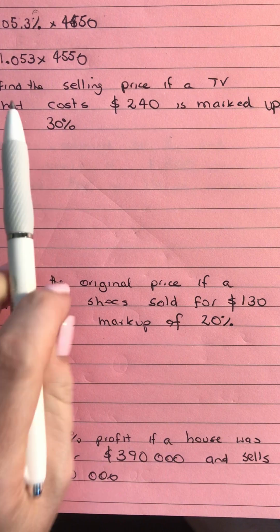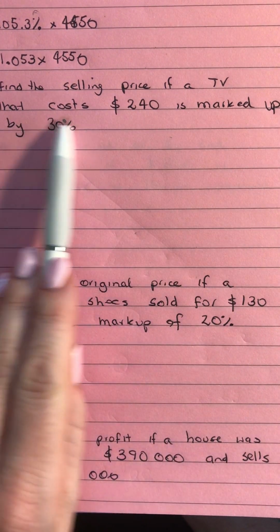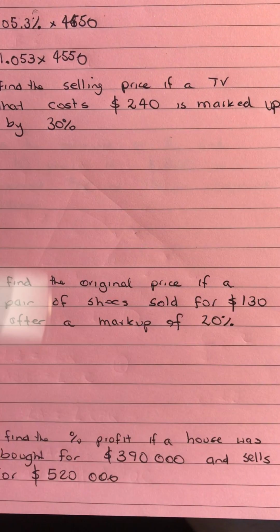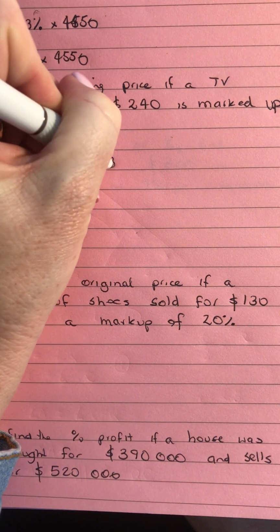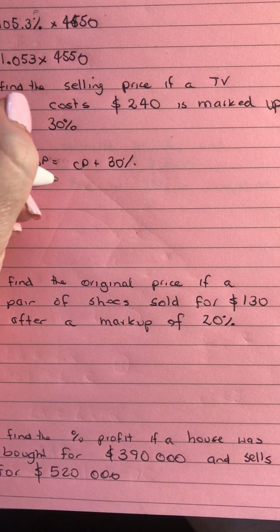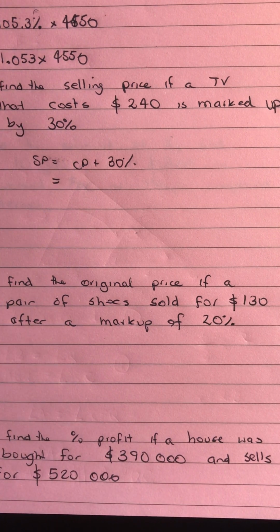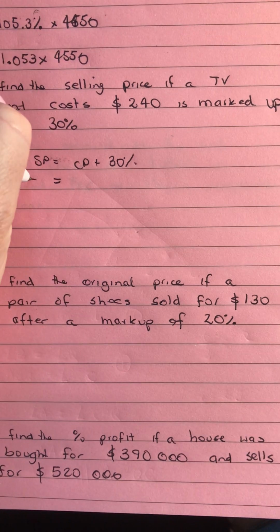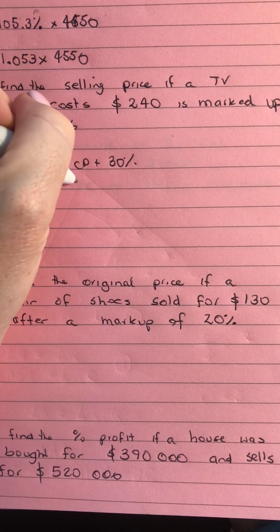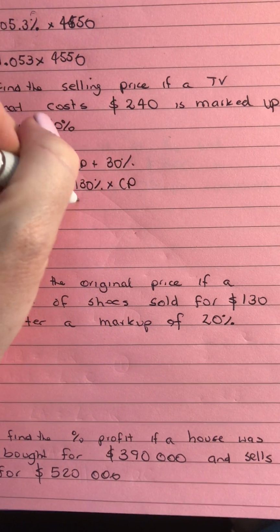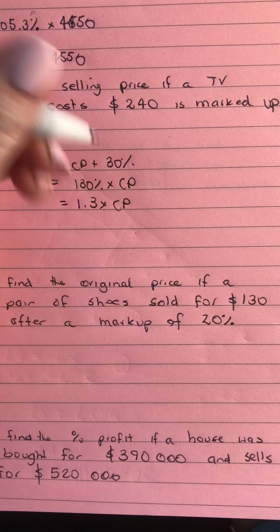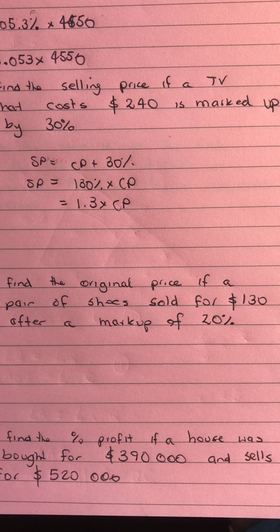Then we've got find the selling price if a TV that costs $240 is marked up by 30%. So our selling price is going to be our cost price plus 30%. We can again do like our previous ones, in the 1 step or the 2 steps. So our selling price, we can just do 130% times our cost price, or 1.3 times our cost price, or we can find out the 30% and then add it on.